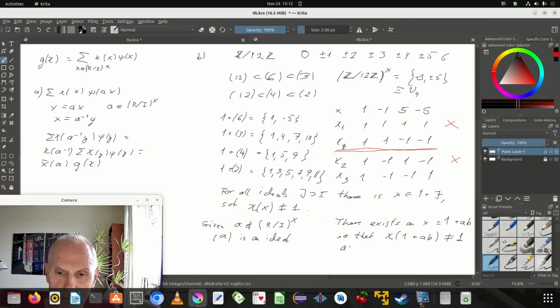And X lies in the multiplicative group. So maybe we could use this element for A up here.